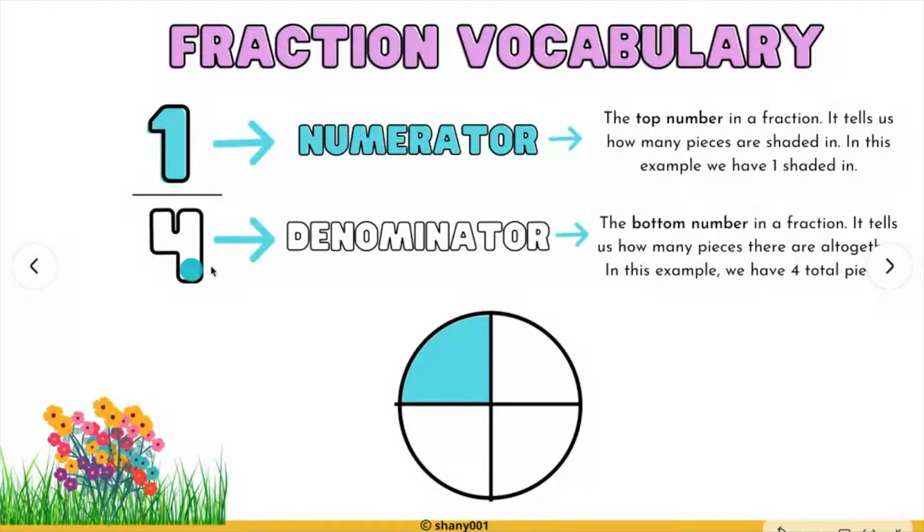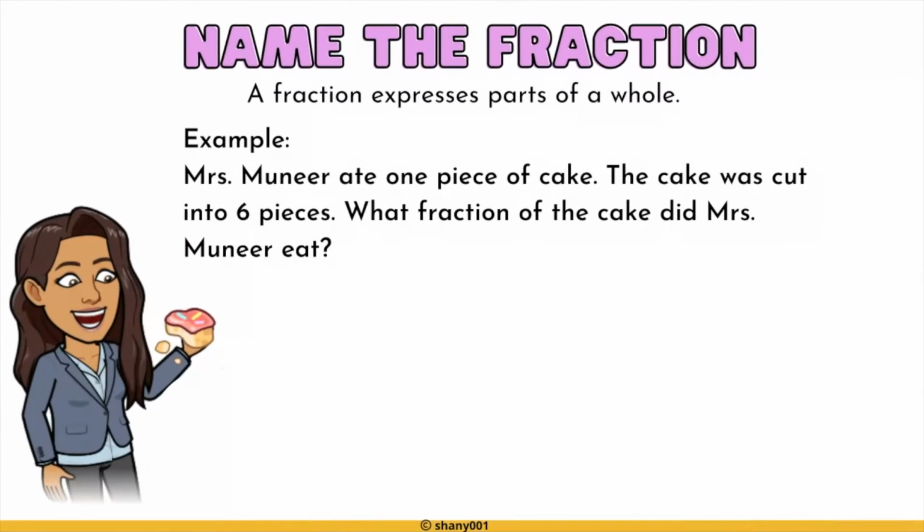The 4 is called the denominator, the bottom number in a fraction. It tells us how many pieces there are all together. In this example, we have 4 total pieces. 1, 2, 3, 4. Let's look at an example.